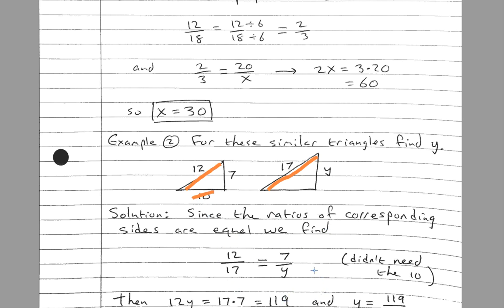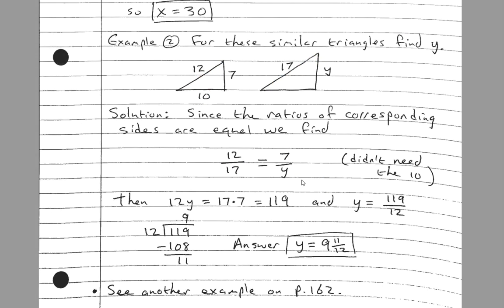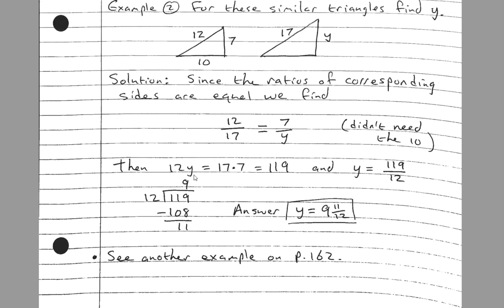Okay, so I hope you got this proportion. We need to solve 12y is equal to 17 times 7, 119, and then divide both sides by 12. 12 goes into 119 9 times. That's the best you can do. That's 108. Remainder 11.